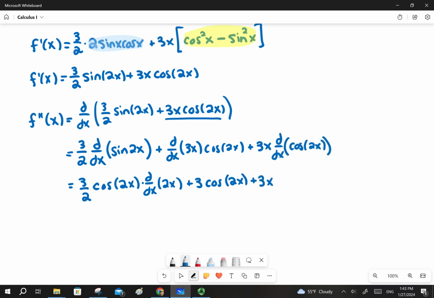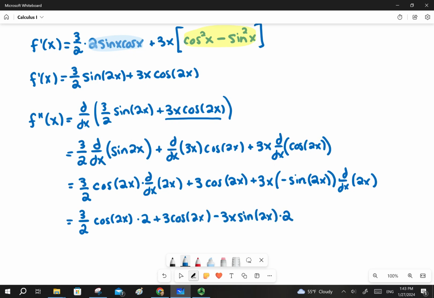And now I have a composition of functions again, so I need to use the chain rule again. The derivative of cosine is negative sine. Evaluate it at the inside function, so again 2x stays 2x, and then multiply by the derivative of 2x. And now I'm ready to just evaluate my simple derivatives. Derivative of 2x is 2, and I put that in both places.